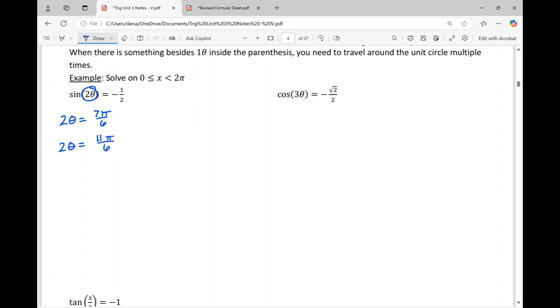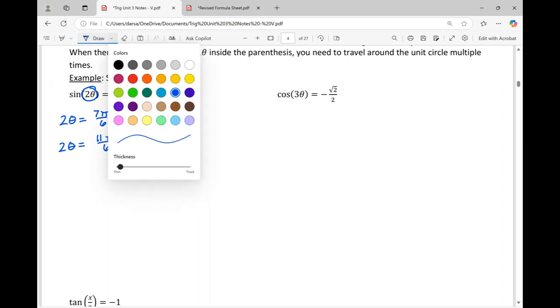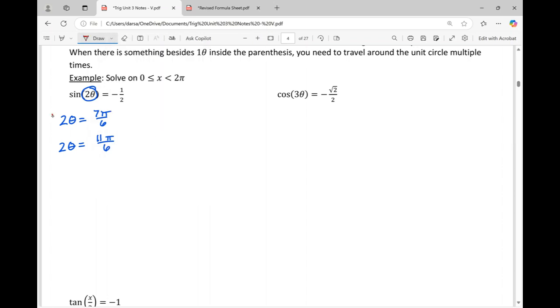So what is the answer theta that we actually need? Well, how do I get theta by itself? I can multiply both sides by 1/2 in both of these equations. And you can see then that I get 7 pi over 12 and 11 pi over 12 are the angles that theta is going to equal.